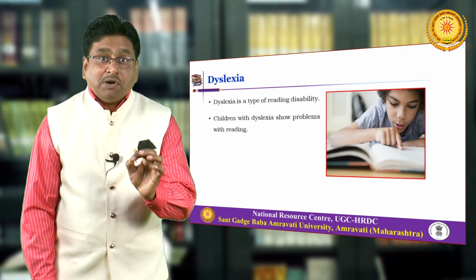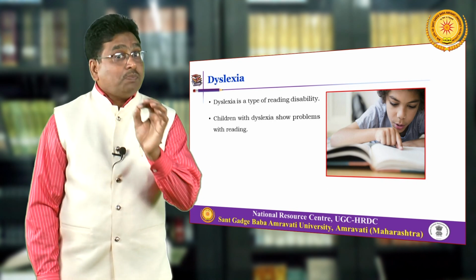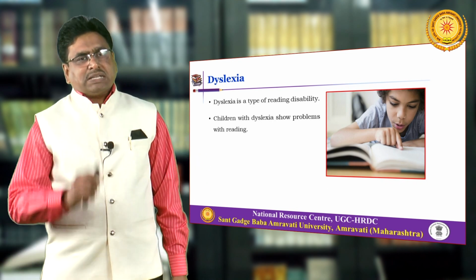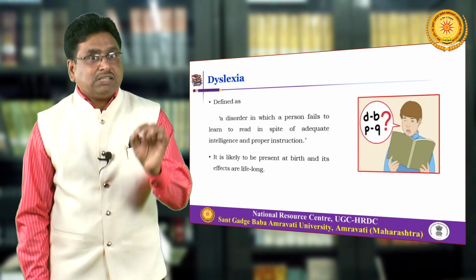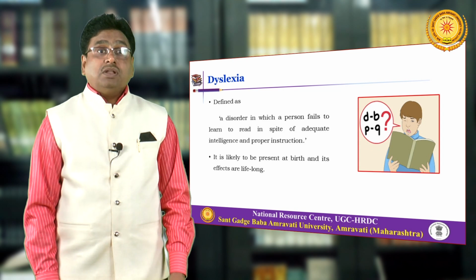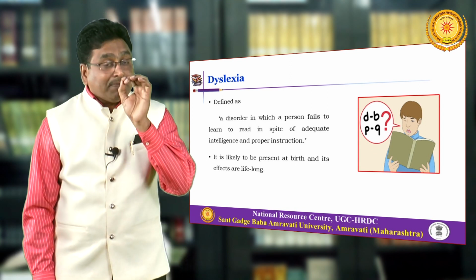Dyslexia is a type of reading disability. Children with dyslexia show problems with reading. The term dyslexia is defined as a disorder in which a person fails to learn to read in spite of adequate intelligence and proper instruction.